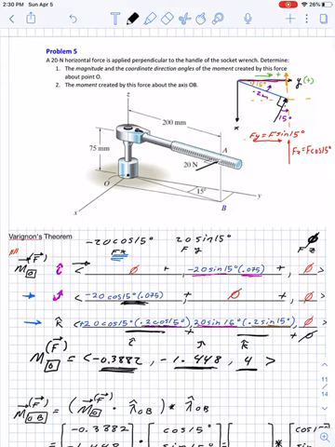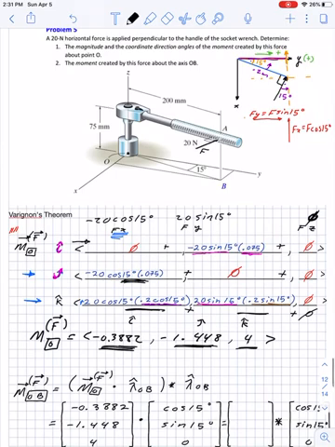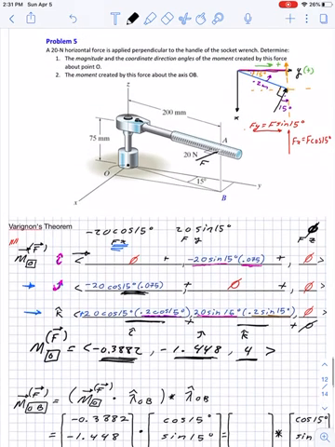And now we found the moment about the origin with respect to the force F. And look, we didn't use any space. We didn't have to do any cross product, create any vectors. This way is super efficient.